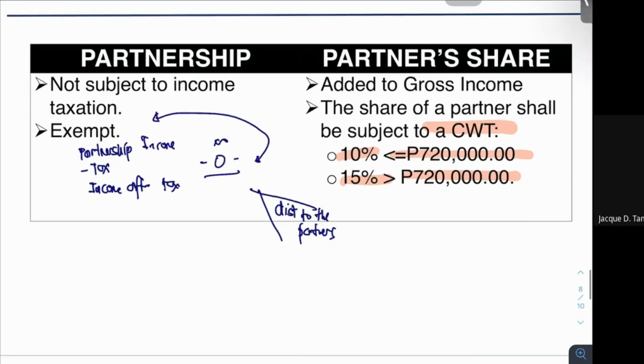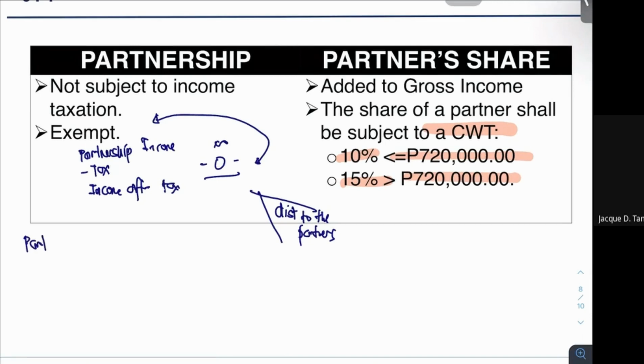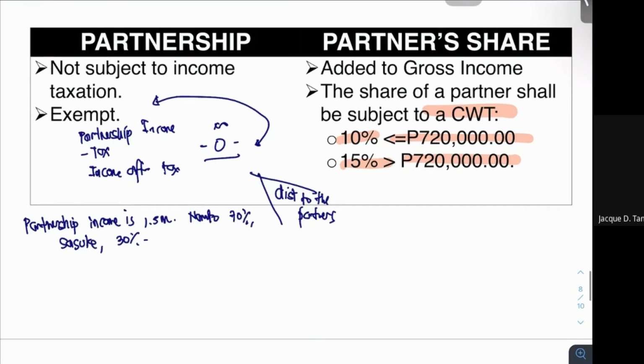Let's say, for example, the partnership income is 1.5 million. Naruto is one of the partners sharing 70%, and Sasuke is one of the partners sharing 30%. So how do we share that?